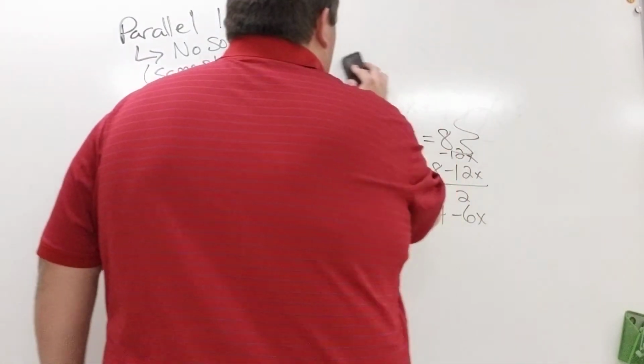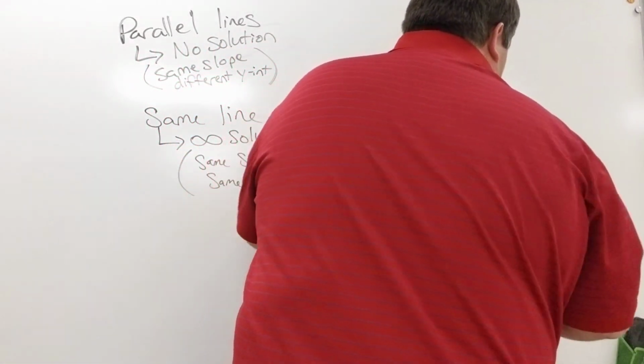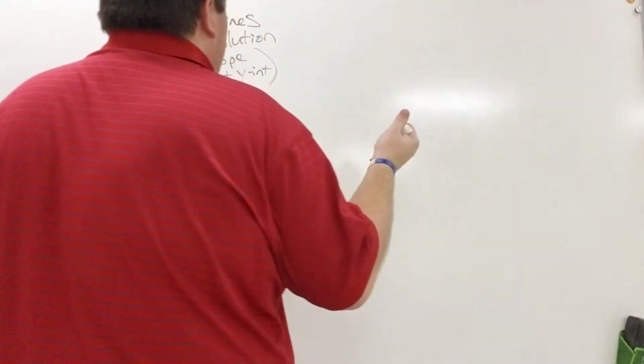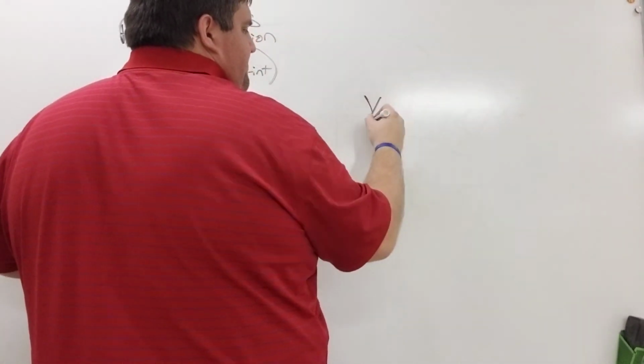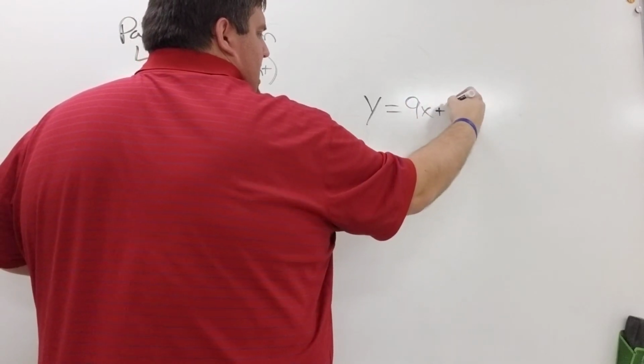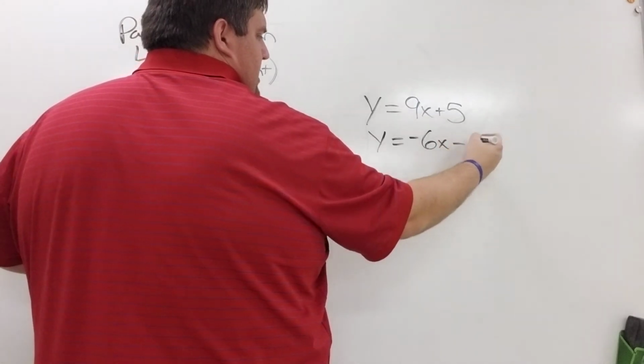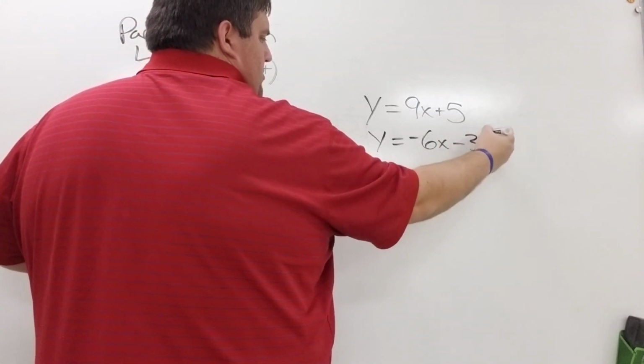And then, how do I know if I have one solution? Well, that's pretty much all the rest of the time. But a really good way to think about it: 9x plus 5y equals negative 6x minus 31.